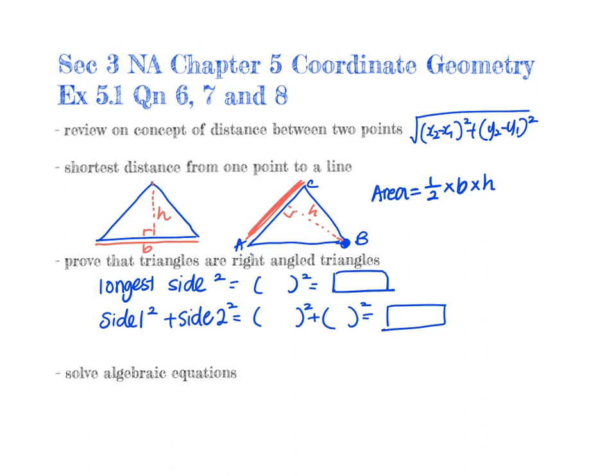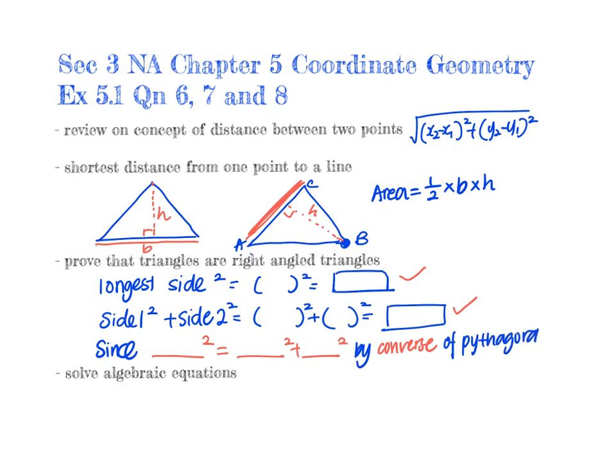Check that since these two numbers are the same, by the converse of Pythagoras theorem, the triangle is a right-angled triangle. This means we will have the longer side square equals something square plus something square. Then we will write, by the converse of Pythagoras theorem, the triangle is a right-angled triangle.